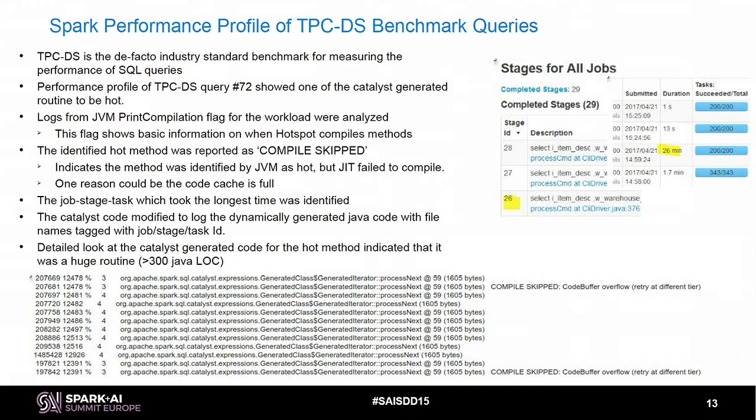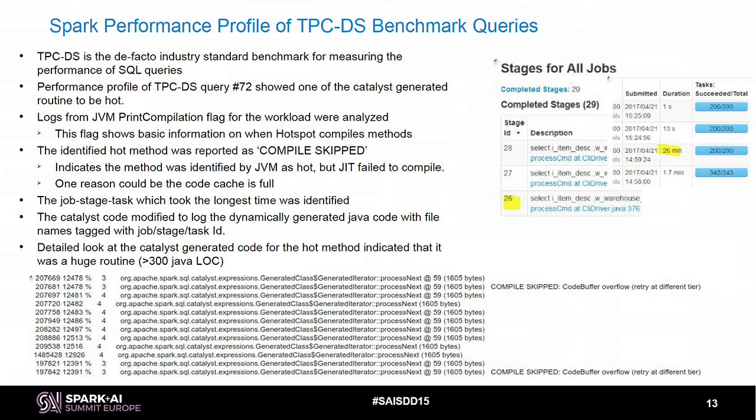We then went ahead and analyzed the logs from the JVM PrintCompilation flag. This flag tells when the JVM compiles the hot methods. From the logs, we found that the JVM tried to compile the hot routine, but it failed due to the code cache being full.